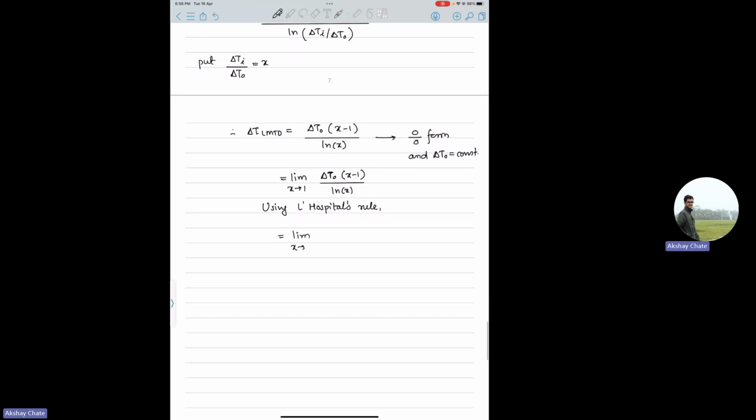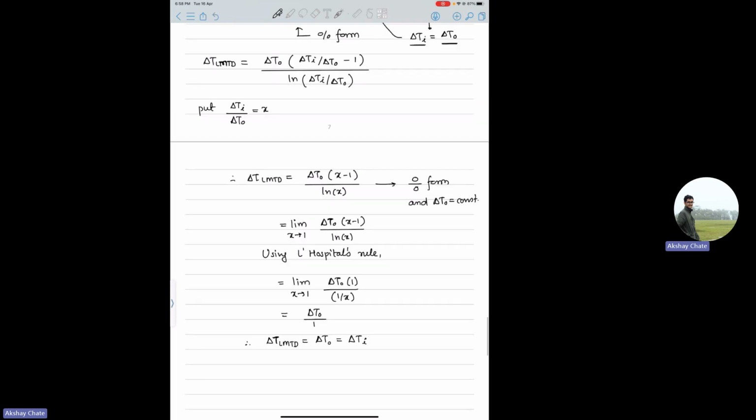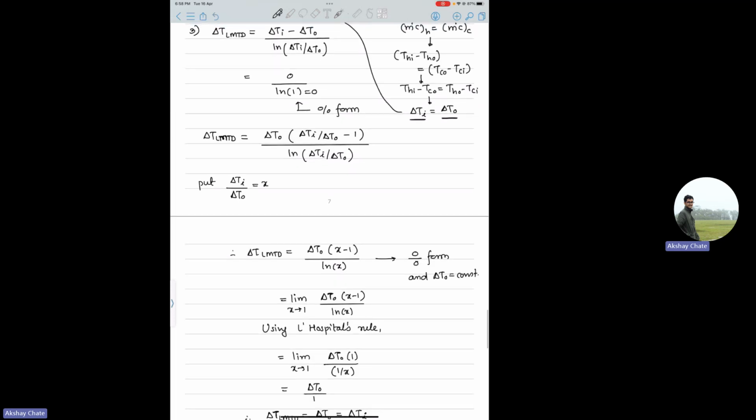You have to differentiate the numerator, which will be 1, as well as the denominator, which will be 1 by x. And then you put x as 1. So it becomes delta To times 1. Therefore, your logarithmic mean temperature difference is nothing but equal to delta To, which is equal to delta Ti, which we already saw, right? Here.